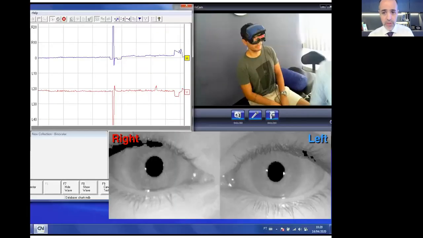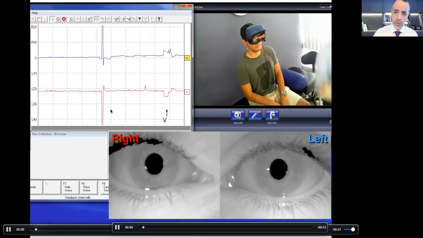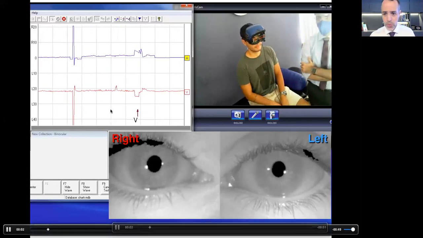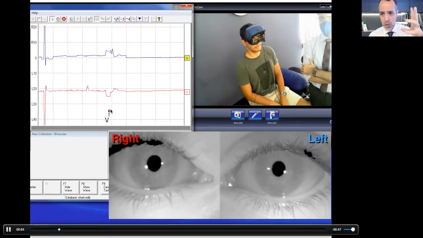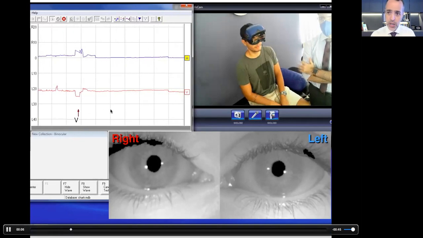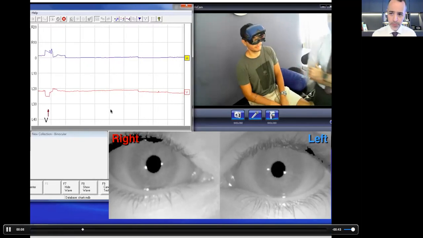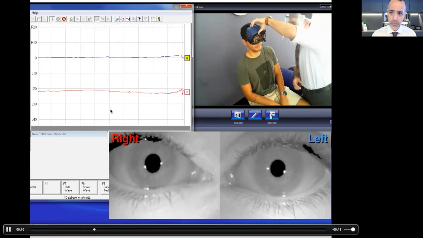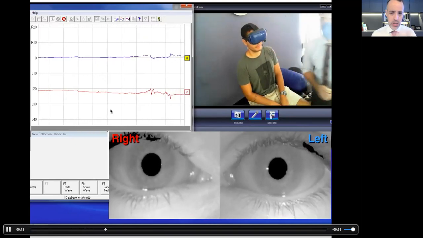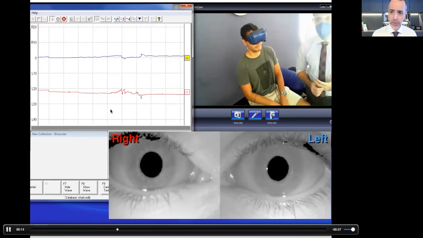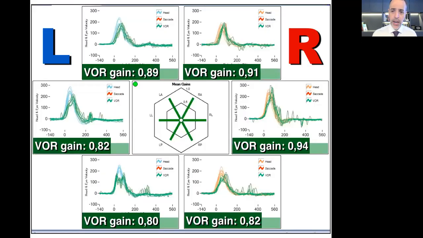And after a couple of months after the attack, the patient, of course, had no spontaneous nystagmus, even with the eyes open and with the eyes shut. I mean, no nystagmus at all. Eyes shut, you see no nystagmus, perfectly fine. And look at the VOR gain, it became like 0.9, so it regained normal.